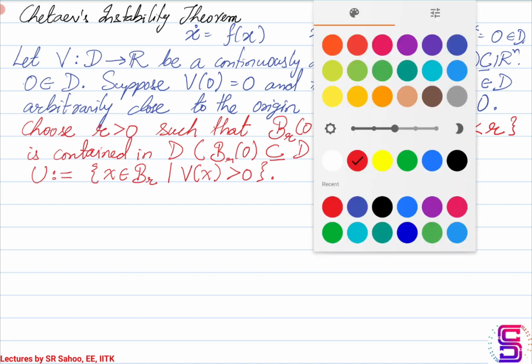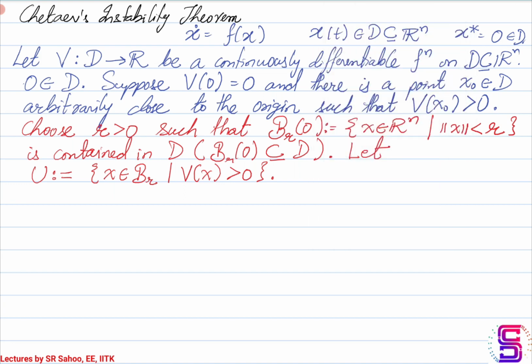Okay, so what you did was, suppose this is the domain D, which has the origin, and suppose you chose a ball of radius r, so this is your B_r.